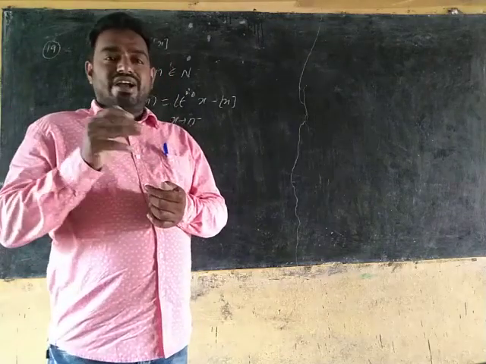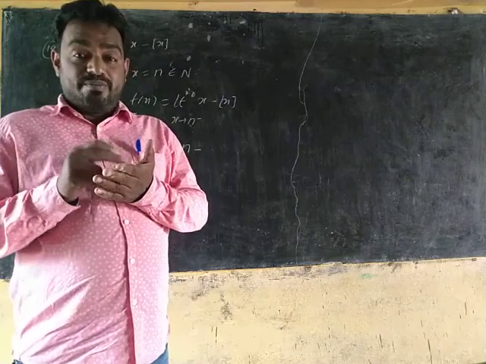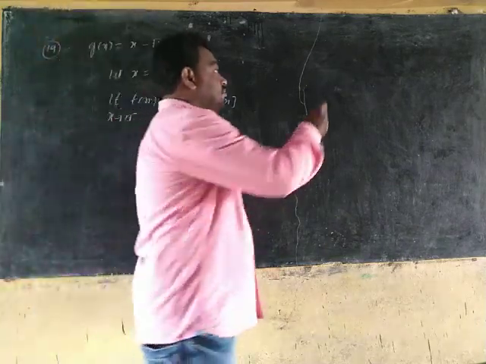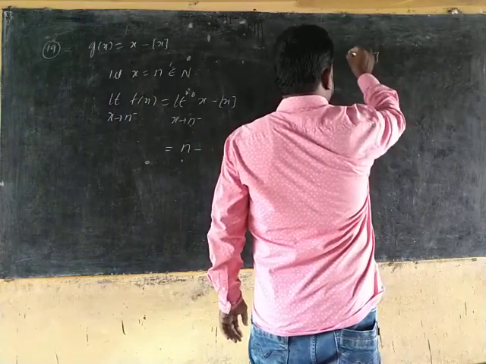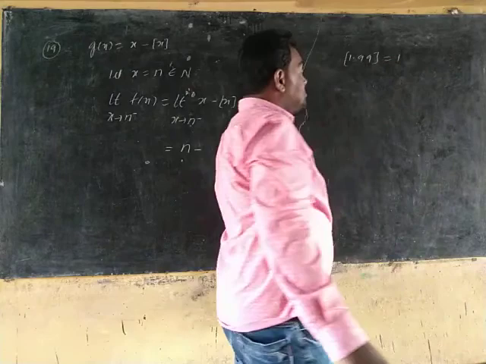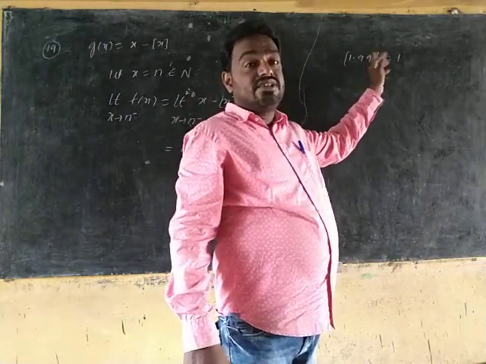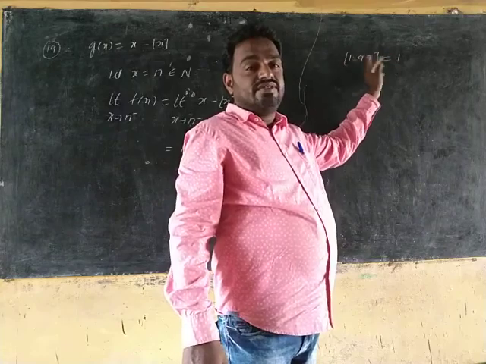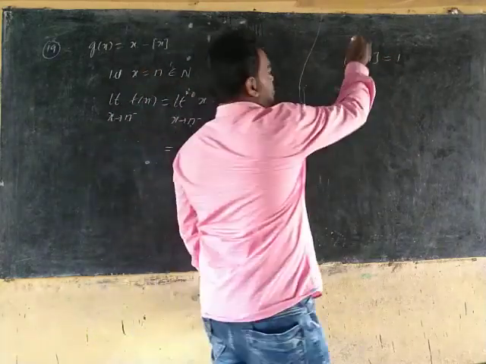So 2 minus means approximately 1.999 something. So the step value is 1 only. Actually it is 2, but the integer part value is 1 only.